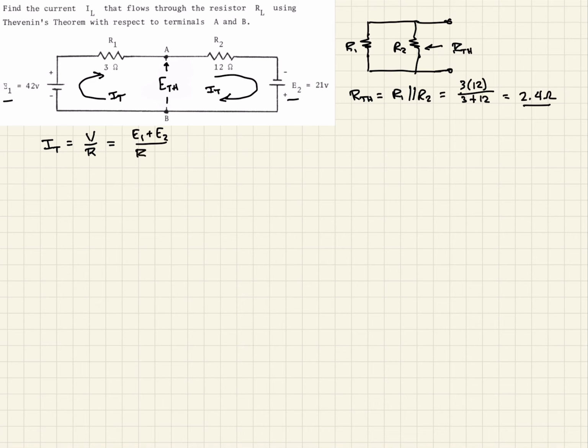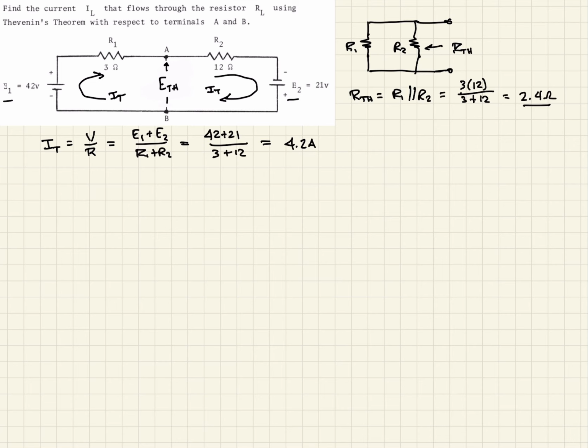So that's just R1 plus R2. So if we plug in the values, we get 42 plus 21, that's our two voltage sources, and then we'll have 3 plus 12, that's our resistances. And when we calculate that out, we should get 4.2 amps. So that's what the total flow around that circuit should be when we're open between A and B.